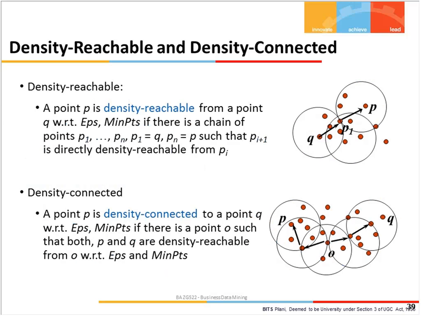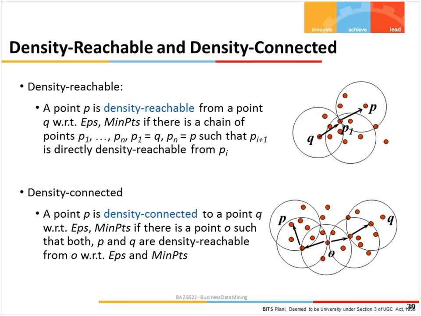We define density reachability and density connectivity. Density reachability is that a point P is density reachable from a point Q if there is a chain of points such that each next point is directly density reachable from the previous point.